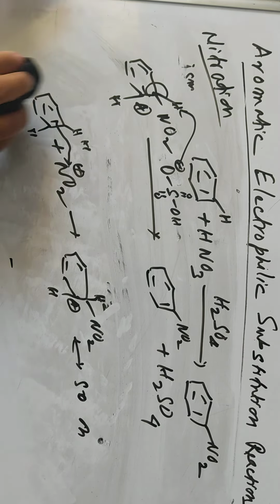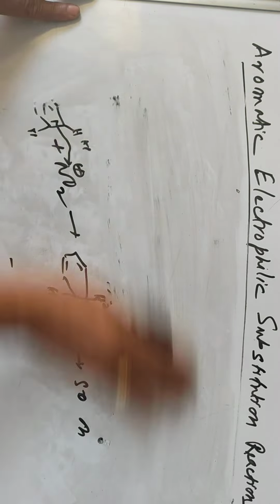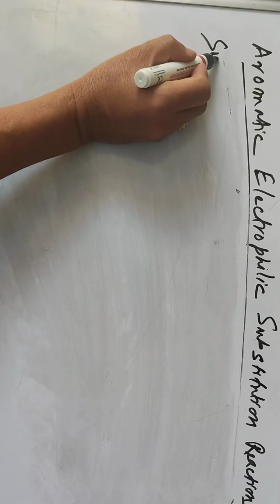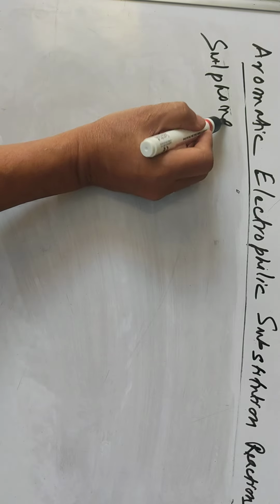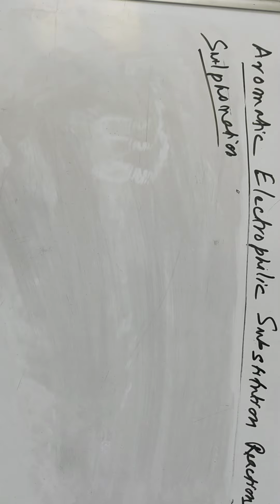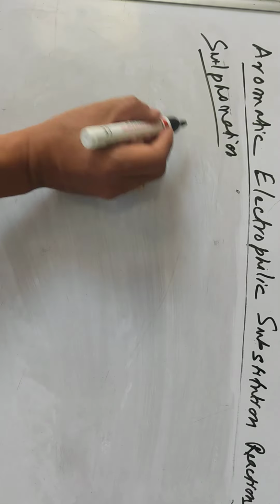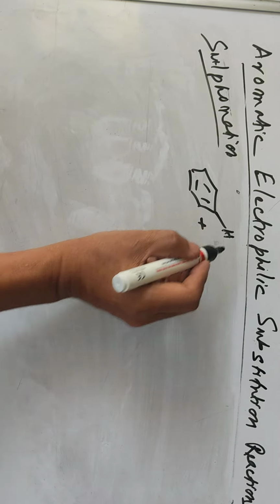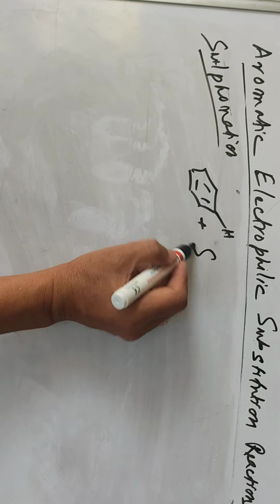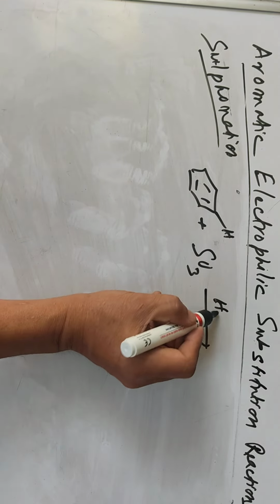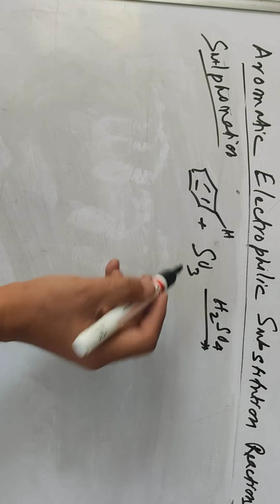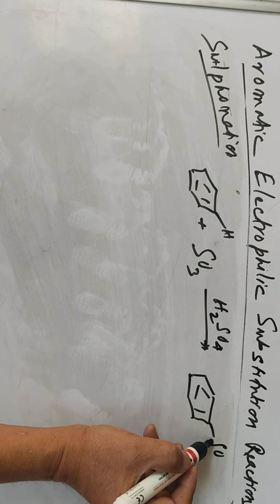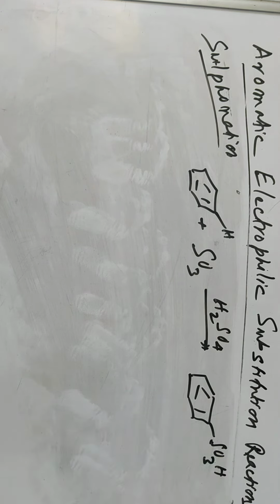Then let's take another one. We have sulfonation reactions. Another example of aromatic electrophilic substitution is sulfonation. Here benzene reacts with sulfur trioxide, or sulfuric acid, and the hydrogen is replaced by the sulfonic group, SO3H. This gives benzene sulfonic acid.